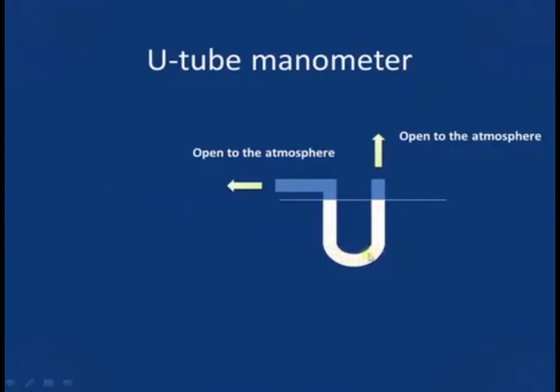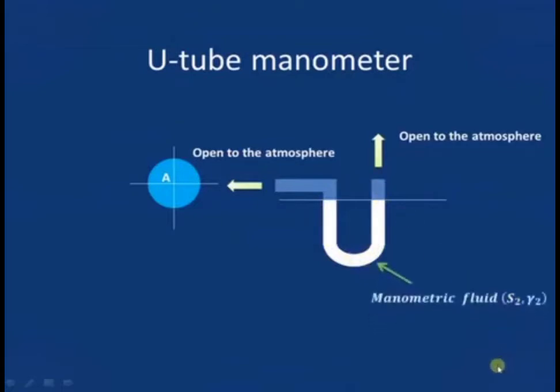Now, suppose we want to measure the pressure of the liquid that is flowing through this particular pipe, and let's assume that the pressure of the liquid flowing through this pipe is higher than the atmospheric pressure. So when we connect the left leg to the pipe, as the pressure of the liquid flowing in the pipe is higher than the atmospheric pressure, the level of the manometric liquid will go down in the left leg and will go up in the right leg.